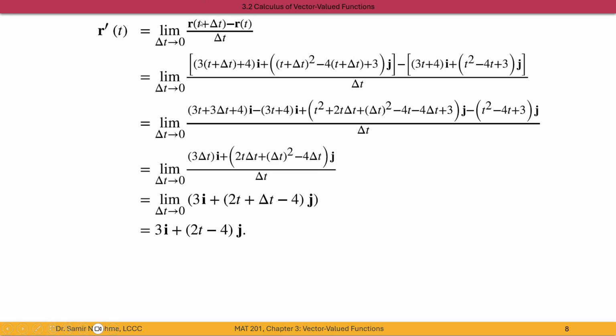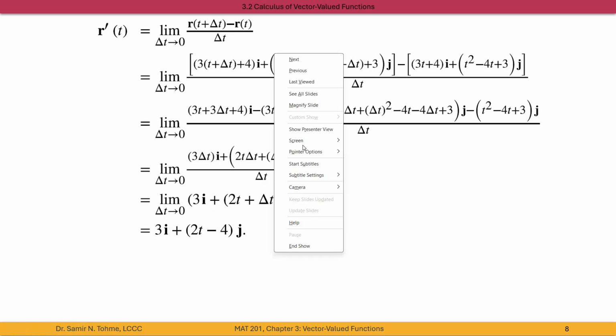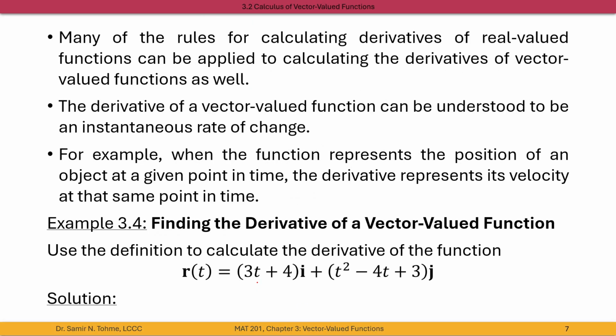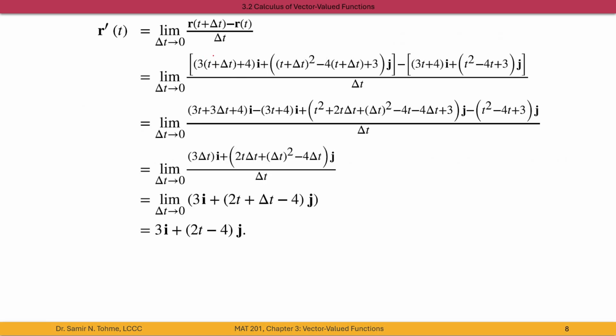We replace t plus delta t in every t in the vector function, in t squared and in t over here. In t squared we replace it here, and in minus 4t we replace it over here.